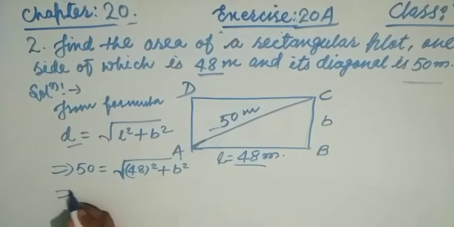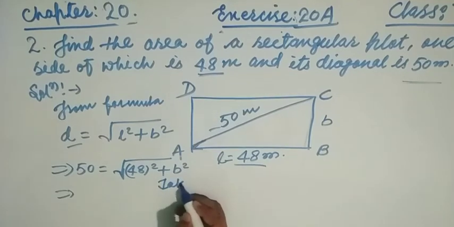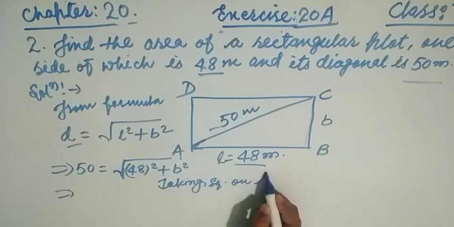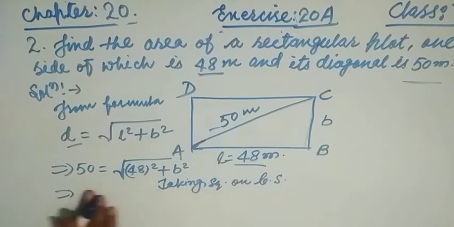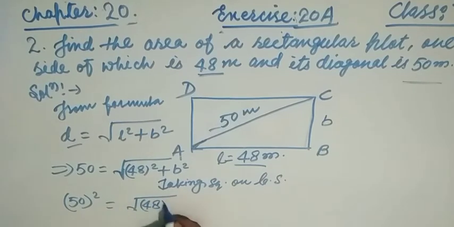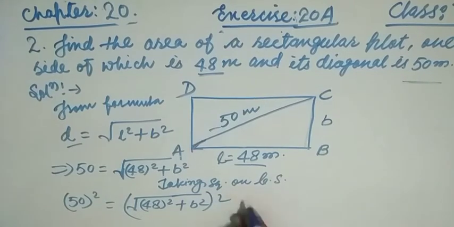Okay, friends, now this is 50. Now here, friends, we take a square on both sides. Now 50 square is equal to 48 whole square plus B square.